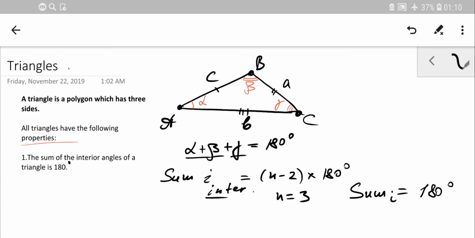Okay, but some student might ask the question, we probably need to prove that. We're not going to prove it for polygons, but we'll try to prove it for a triangle.